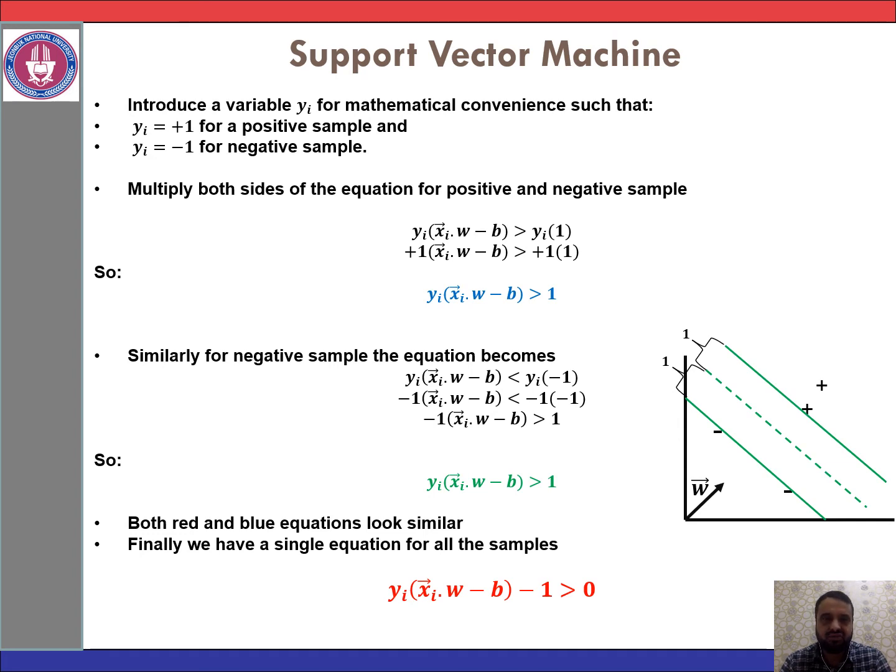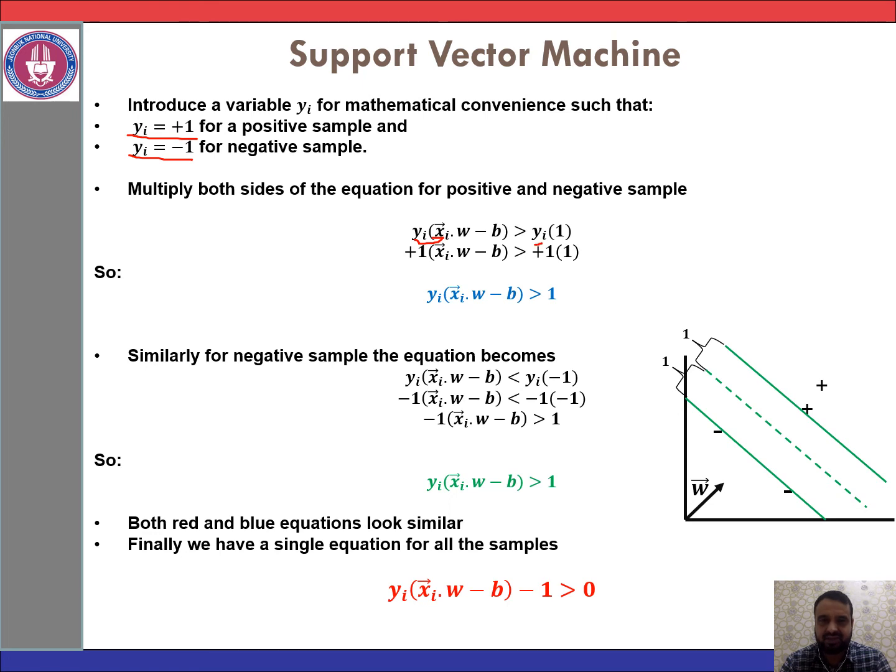Now we will introduce a new variable yi for mathematical convenience. yi is equal to plus 1 for a positive sample, and yi is equal to minus 1 for a negative sample. Considering the previous equations for positive and negative examples, we will multiply yi on both sides of the equation. For the positive sample, we multiply yi on this side and on this side.